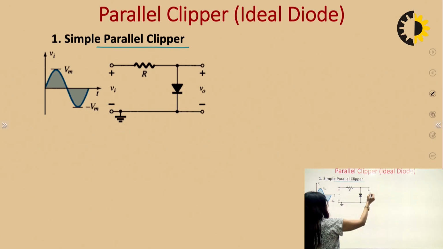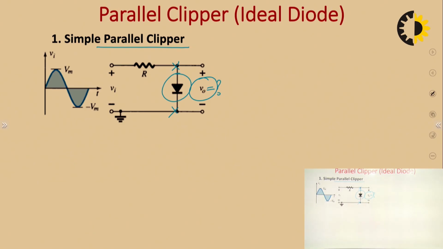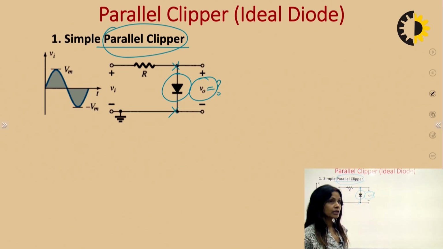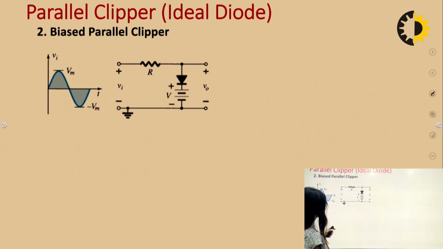In the previous case we were taking the output voltage across the resistance, but here the output voltage has been asked across the diode. So this is an example of parallel clipper. Whenever the output voltage is taken across the diode, the question will be of parallel clipper. The fundamental will be the same. So this is a simple parallel clipper.